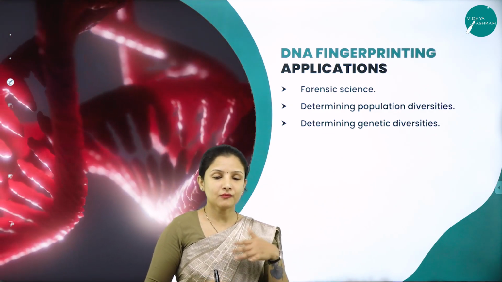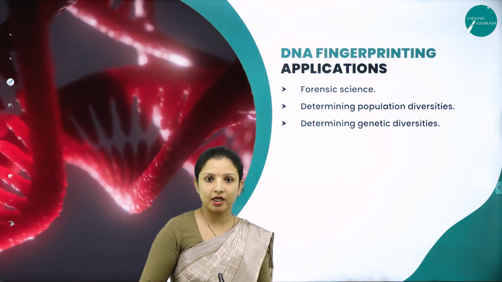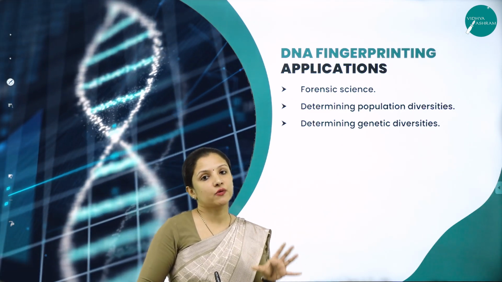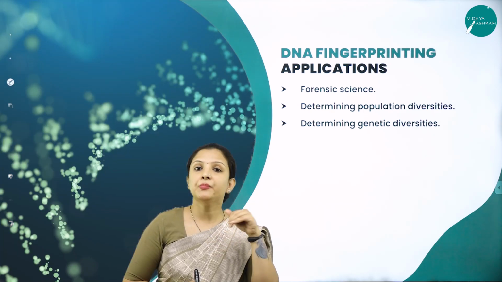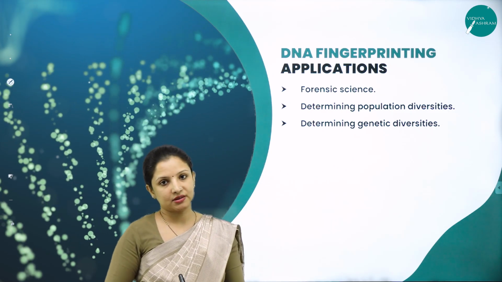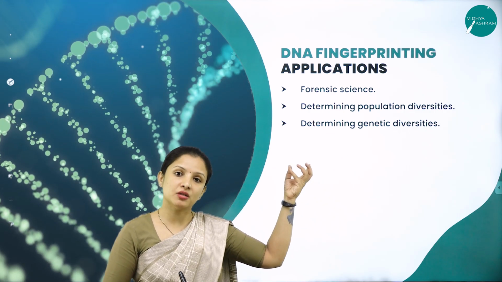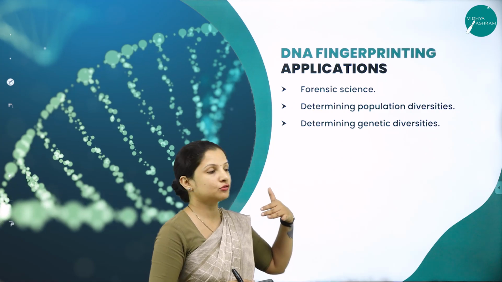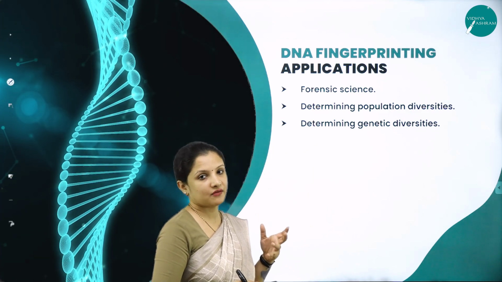Because the variable number of tandem repeats, satellite DNA or repetitive sequences, vary from individual to individual, and also from habitat to habitat, they help determine genetic diversity. They are the main source for evolution, and evolution is important for speciation, because evolution gives rise to new species. So to understand genetic diversity, DNA fingerprinting is very important.